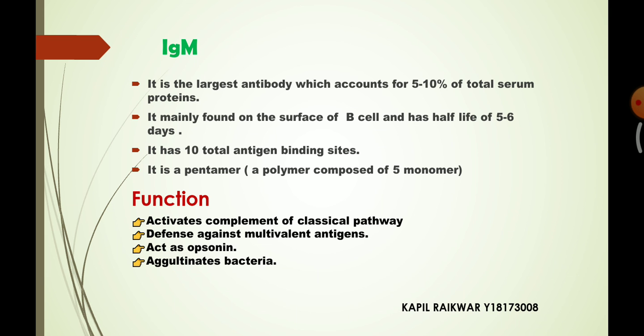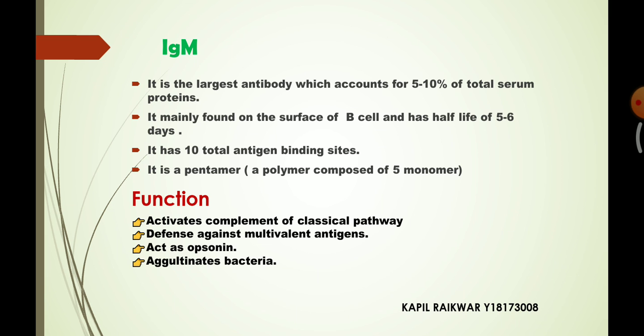Now the last one, immunoglobulin M. It is the largest antibody, which accounts for 5 to 10% of the total serum proteins. It is mainly found on the surface of B cells and has a half-life of 5 to 6 days. It has 10 total antigen binding sites.